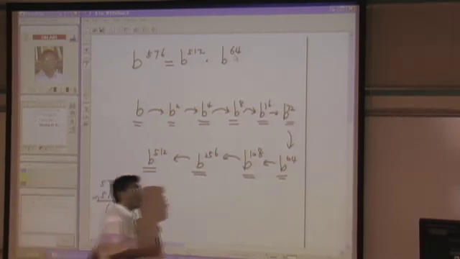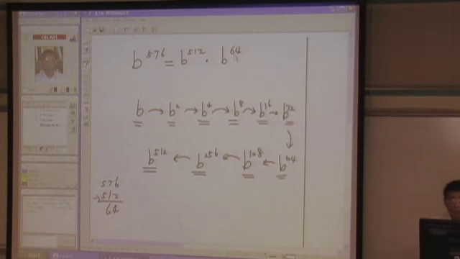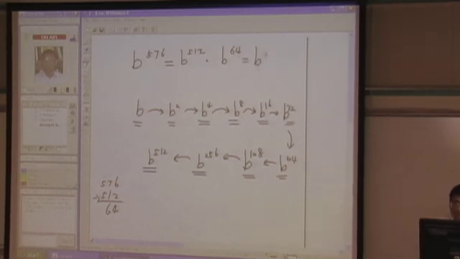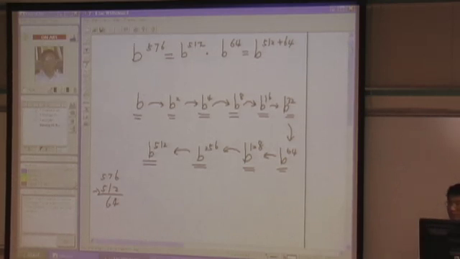But if we write the addition in the exponent, it looks like this. b to the 512 plus 64. Do you get it? Then if I use base 2 notation in the power, then it looks like this. So I will extract this power portion and then write it. 512 plus 64 equals 576, right?